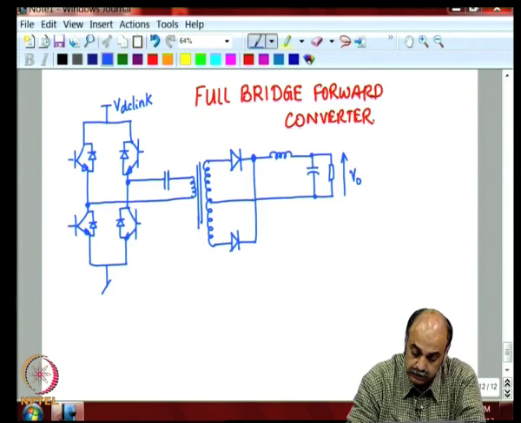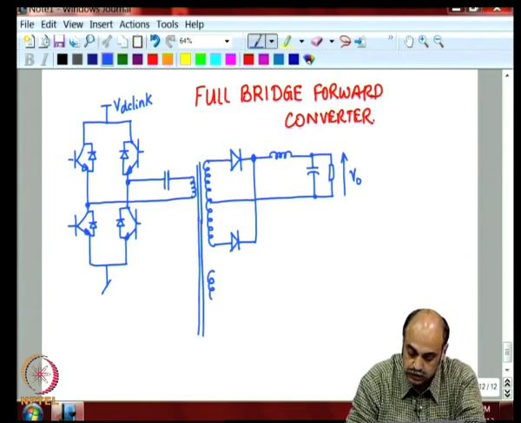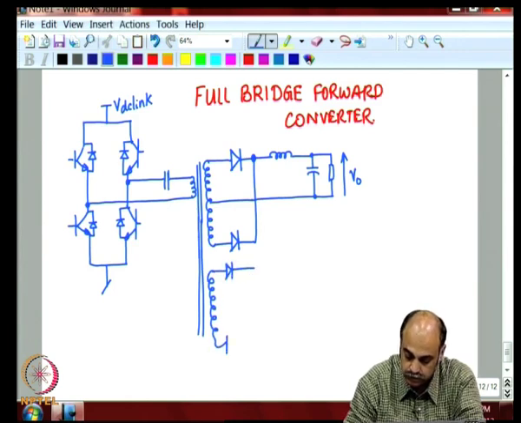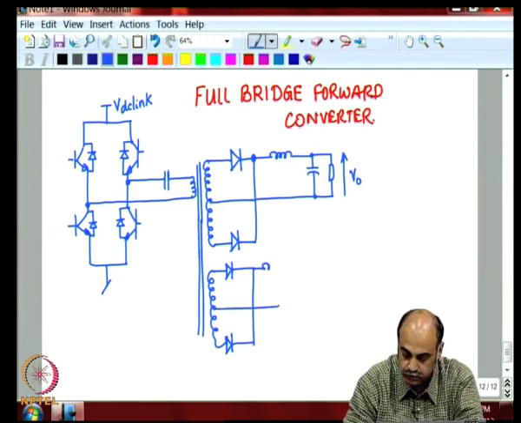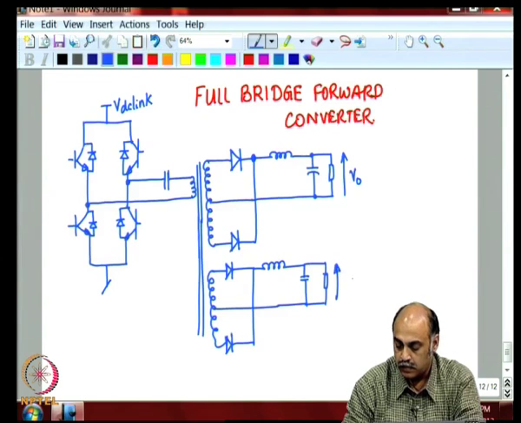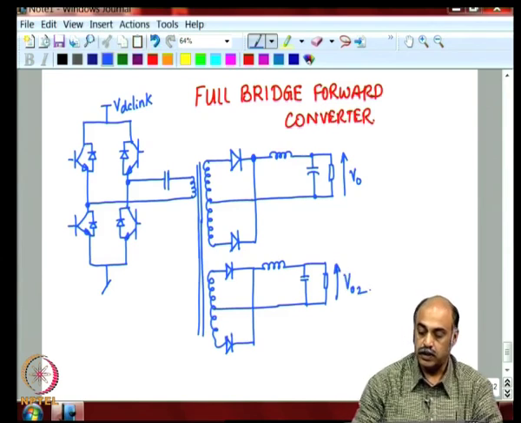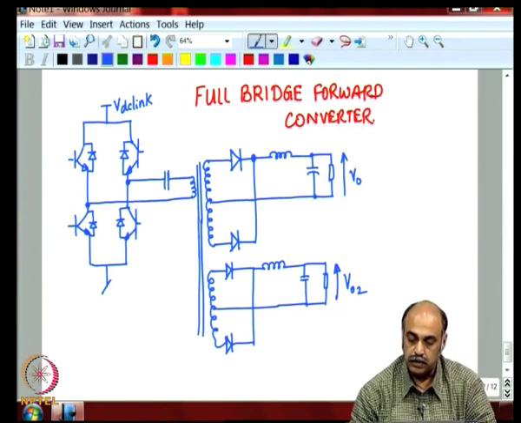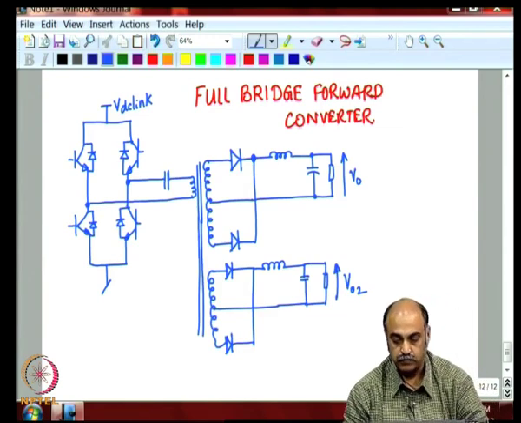And if you are having multiple secondaries, what will happen is this portion gets repeated as many times as we have discussed a while back while doing control of the multiple output transformers.